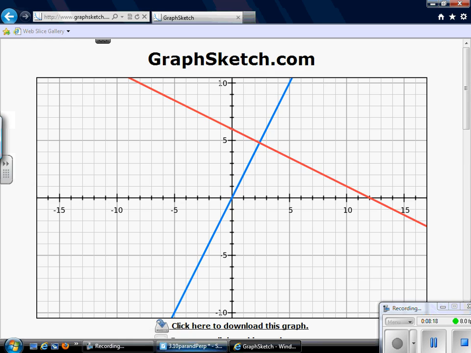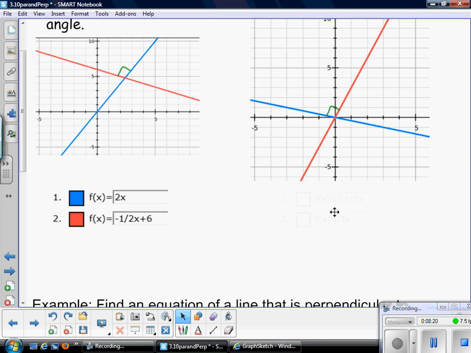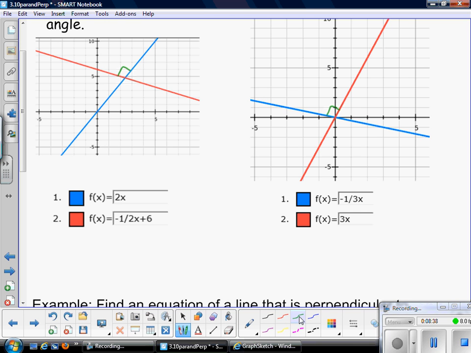Now if we go back to the next one, the blue one is y equals negative 1/3 x, and the red one is y equals 3x. So to find perpendicular, well, obviously the slopes aren't equal. Is there something else that can help us? Okay, so we have y equals mx plus b.